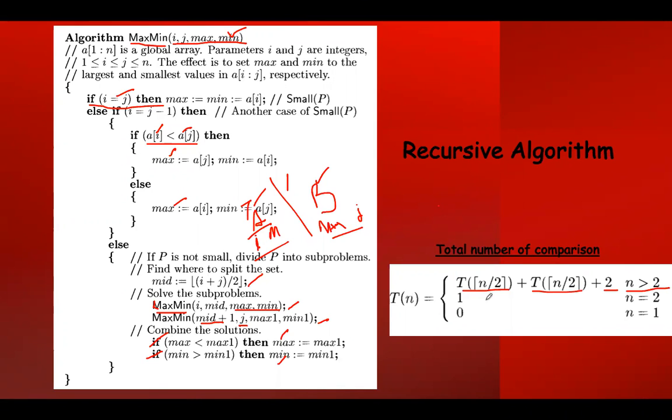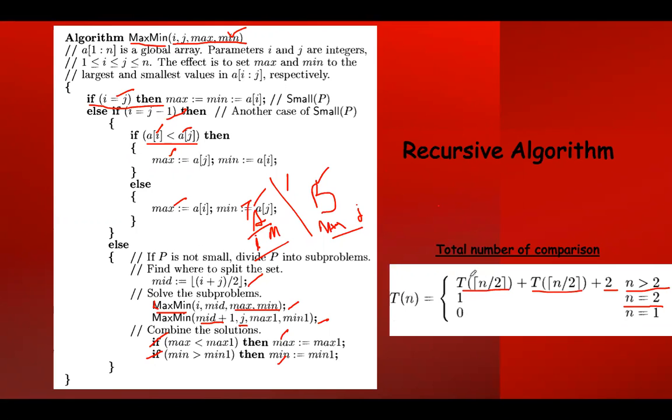If the n value is greater than 2, this max min algorithm is called twice, that is for n by 2 elements and n by 2 elements. So T of n by 2 plus T of n by 2 plus these two if operations, so plus 2. If n is equal to 2, only one operation. We are just talking about comparison operations. So 1. If n is equal to 1, we'll say 0. We are not interested in that case.